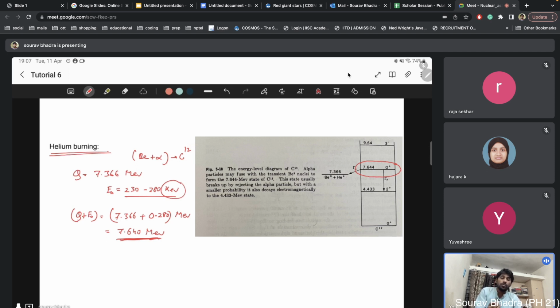If there was no resonance state of carbon 12 at 7.644 MeV at this position, then this reaction would not occur, and you could not create carbon 12 using this triple alpha process. Fortunately this is there, and Hoyle predicted that. Also, this is important, the spin and parity value is 0 plus.